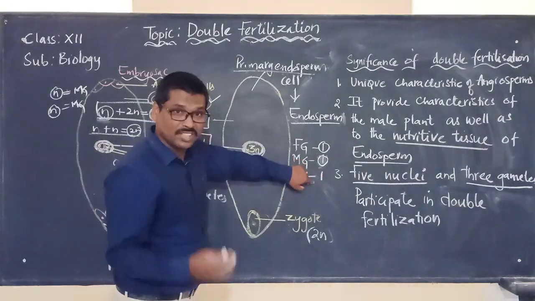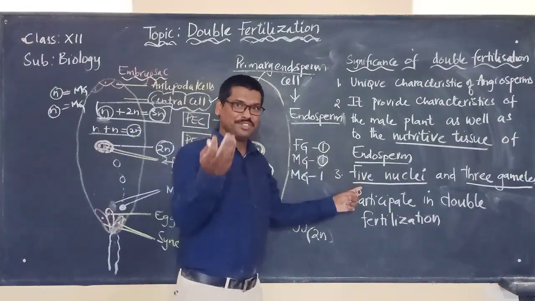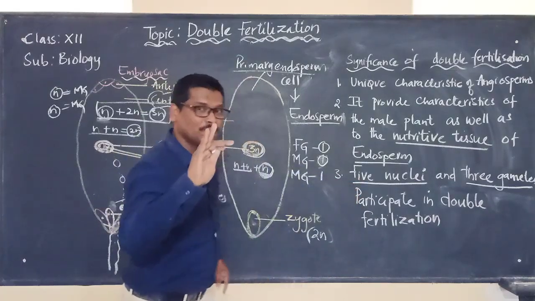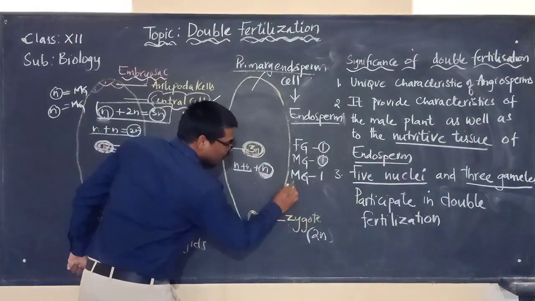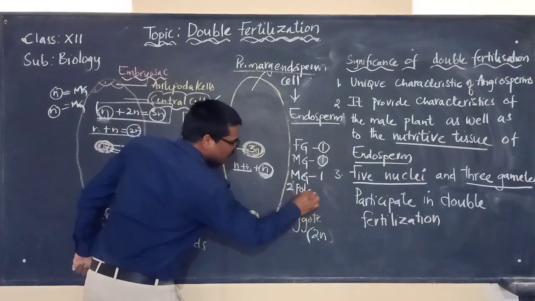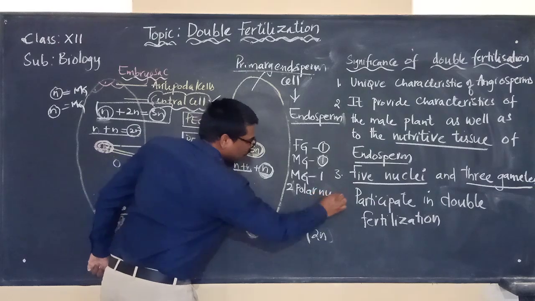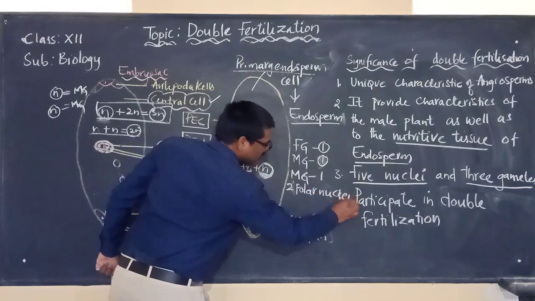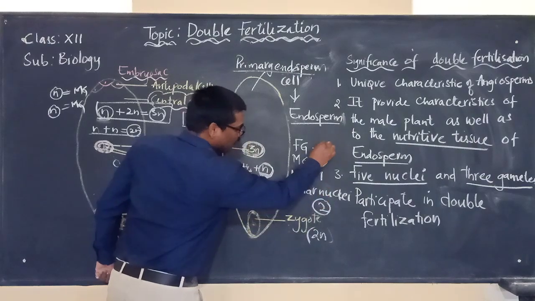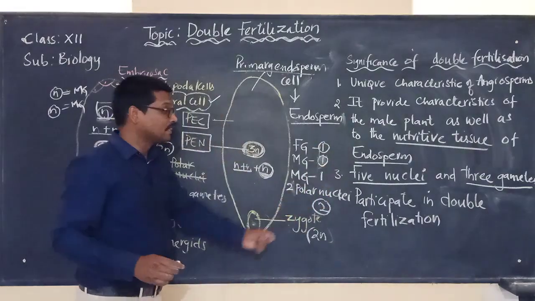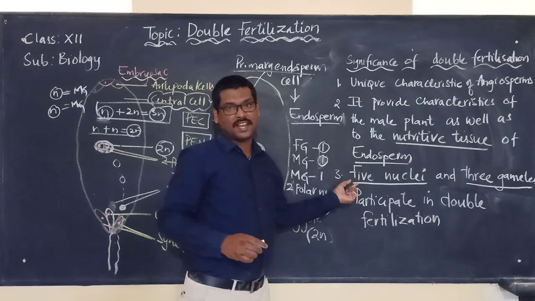So total here how many? 3. There are another 2 nuclei that are participating, that are 2 polar nuclei. Okay, 2 polar nuclei. So total how many now? 2, 3, 4, 5. 5 nuclei are there participating in the double fertilization.